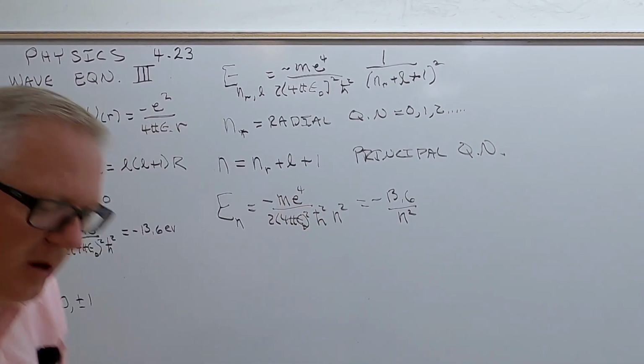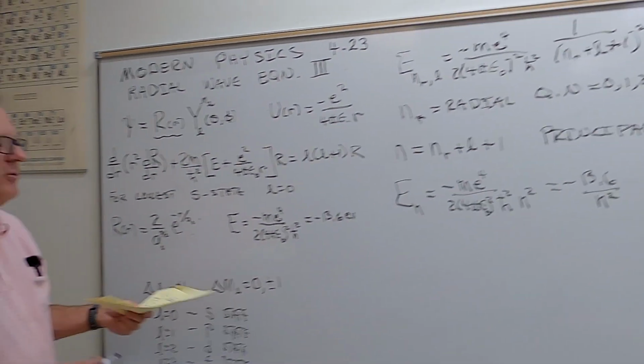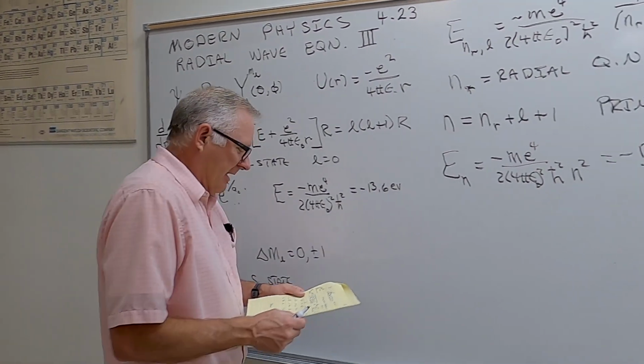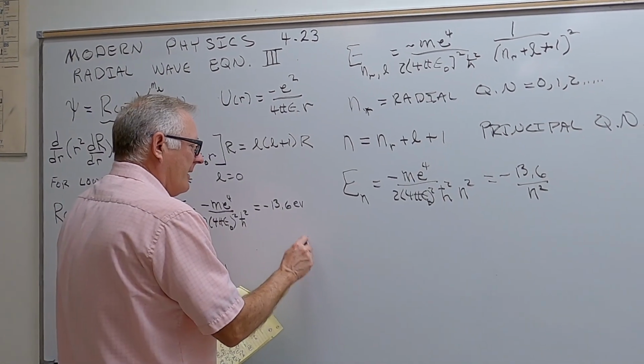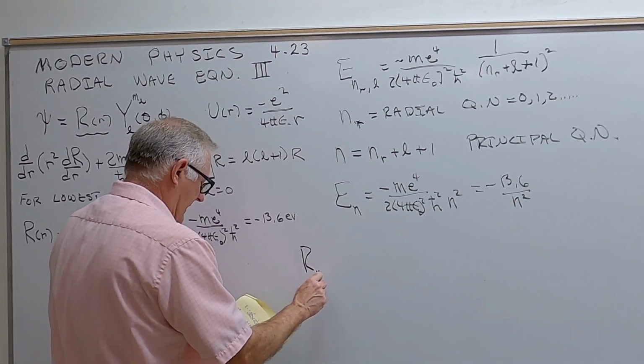Now to get our eigenfunctions, we're not going to use the n sub r, we're going to use the n now. And so R is going to depend on 2 quantum numbers, n and l.